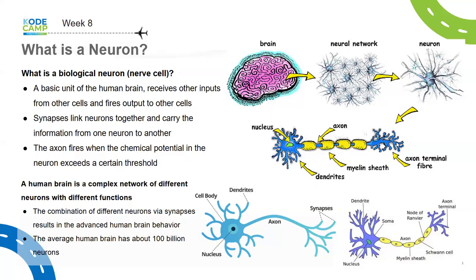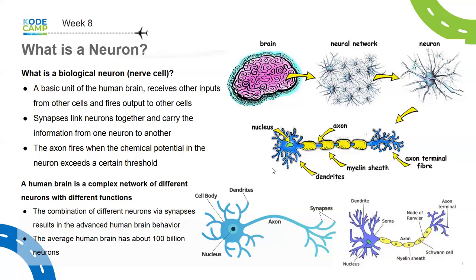Then at the tail end, you now have the axon's terminal fibers, called synapses, at the end that can connect to dendrites of the next cell. So at the head, you can see you have dendrites.